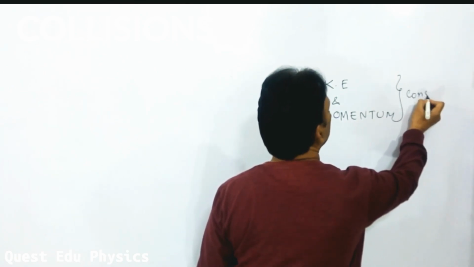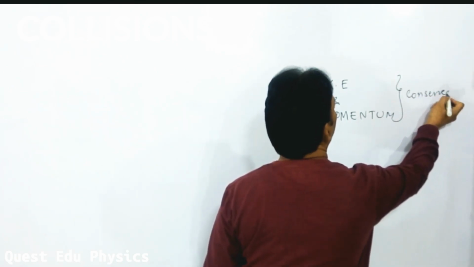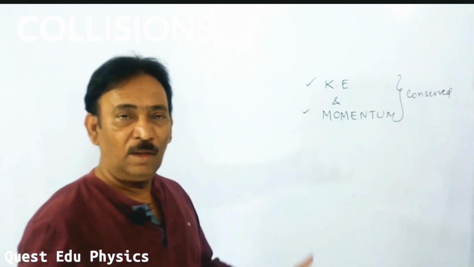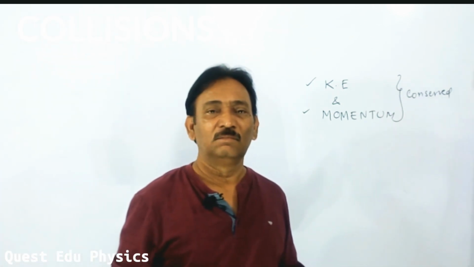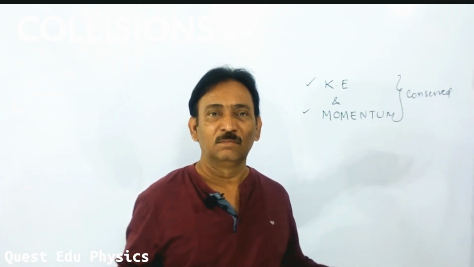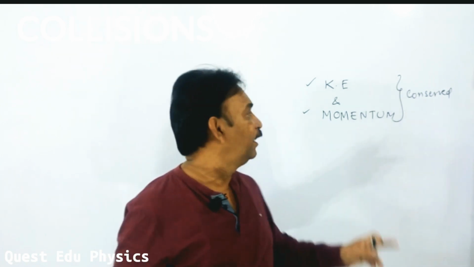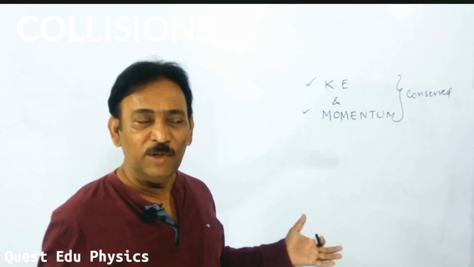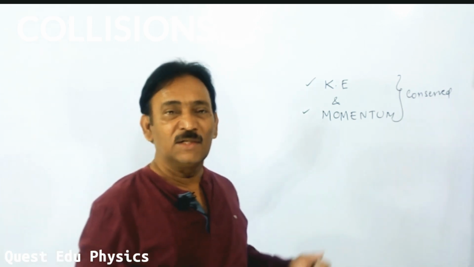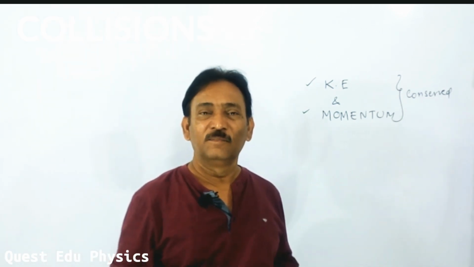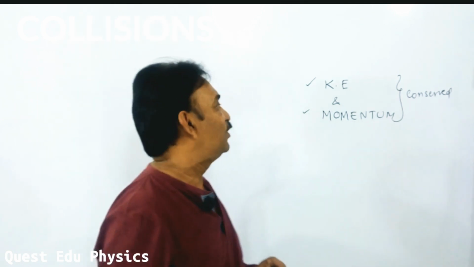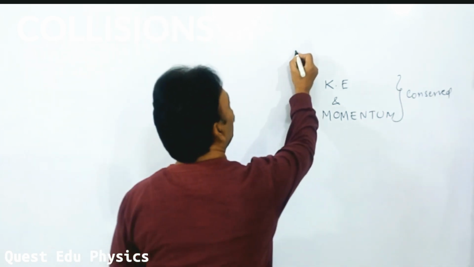What is the meaning of conserved? They remain constant before the collision, after the collision, and in the process of the collision. Both kinetic energy and momentum are constant. We call it an elastic collision.